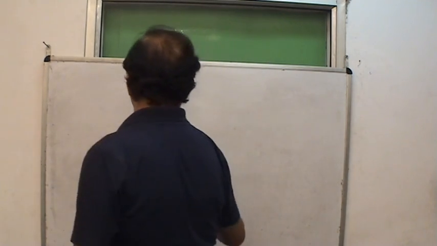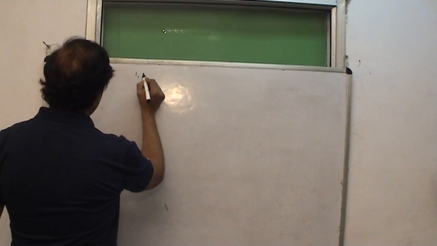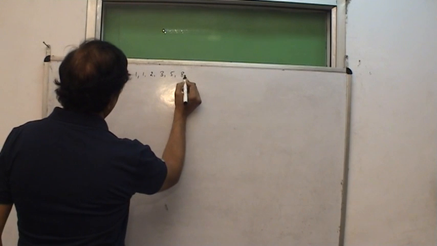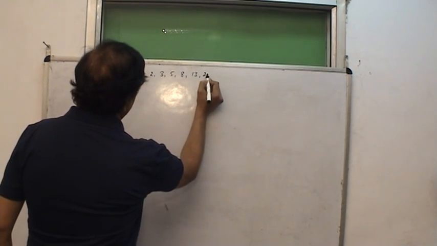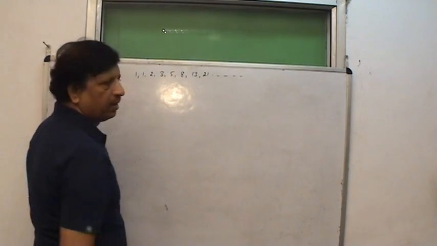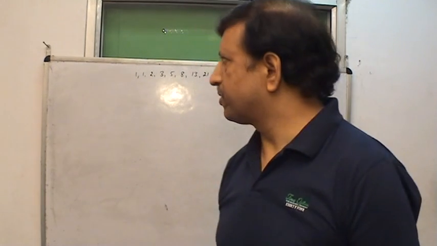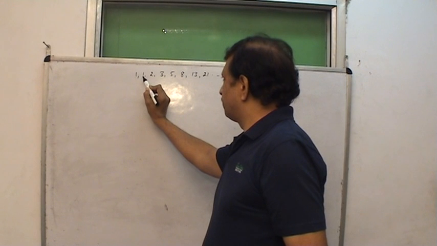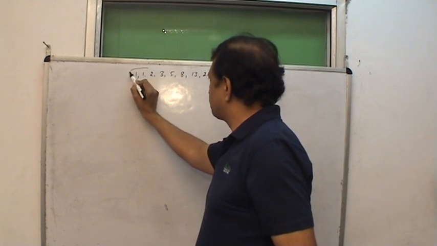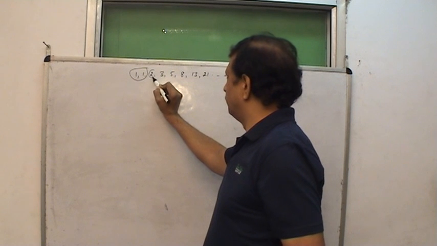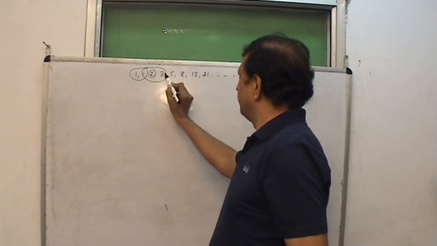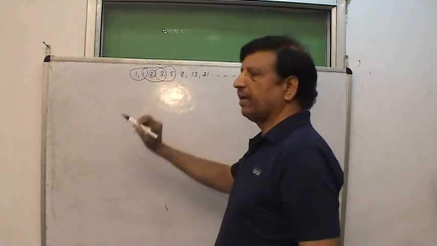Let's see this recurrence relation: 1, 1, 2, 3, 5, 8, 13, 21 and so on. It was the first recurrence relation given by Fibonacci in 1202. See, first number 1, second number 1, then 1 plus 1 is equal to 2. It is the second number. Then 2 plus 1 is equal to 3. 3 plus 2 is equal to 5.